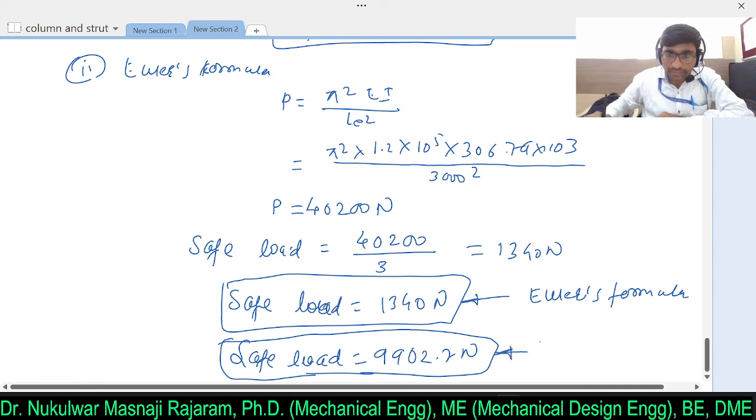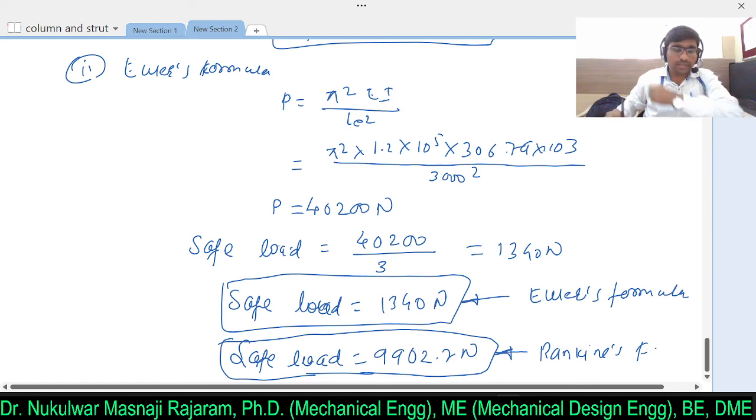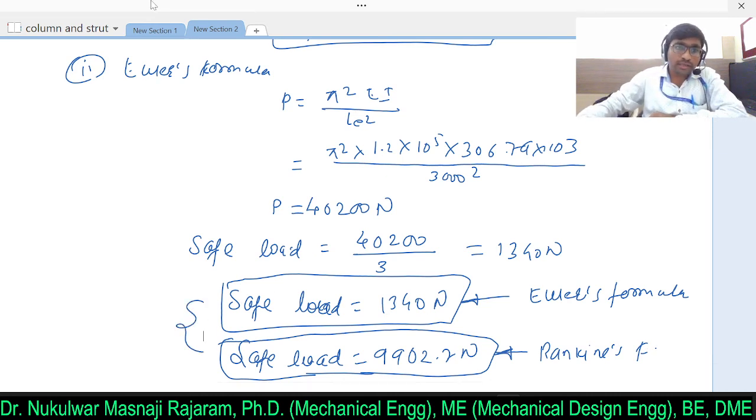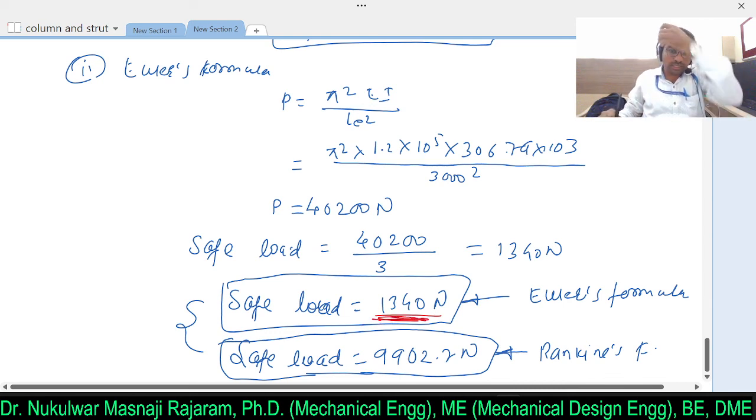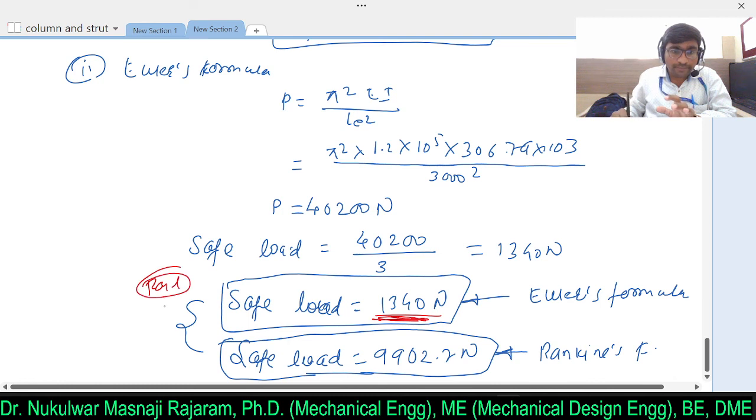Now if you observe the same numerical, it is showing that at this load only, this is through Rankine's formula, clear. So from these two I am concluding that for a long column, Euler's formula is very good. As you observe, at just this 1340 Newton, this entire column or strut is going to fail, clear.